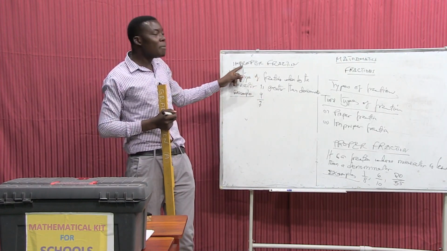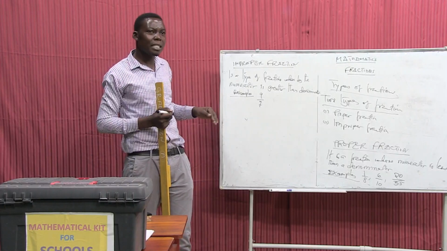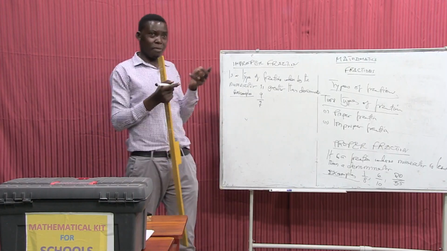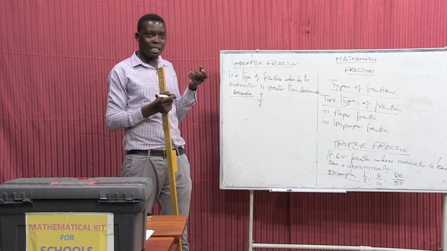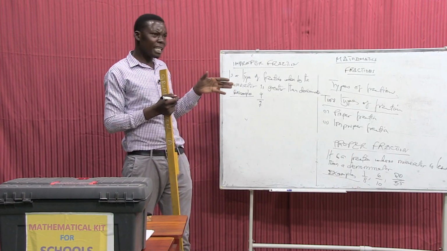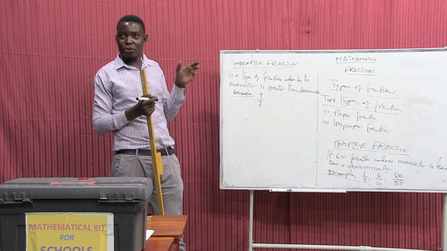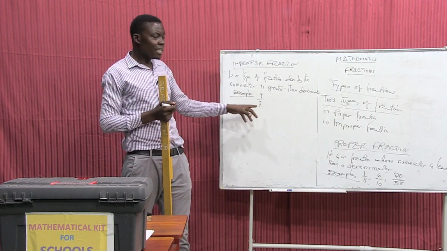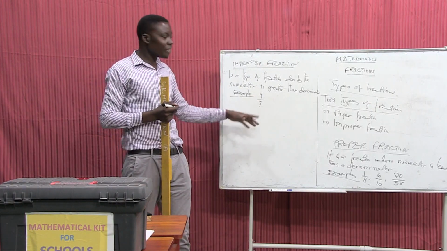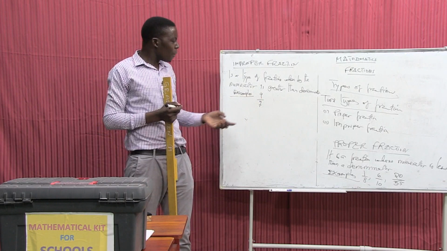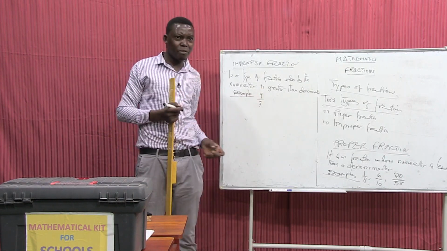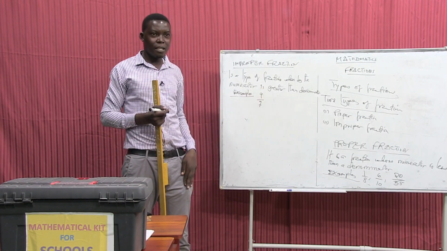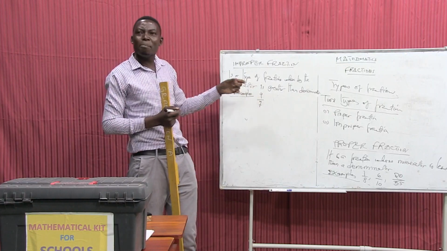Something to be called improper means it is not genuine. Something which is making some trouble. At the beginning we said a fraction is a part of a whole thing. Now how come 9 is part of 7? That's why we say this is improper.